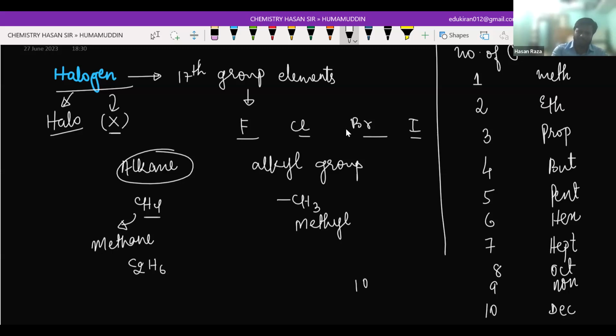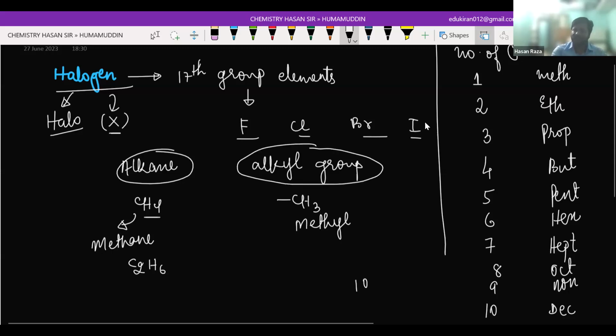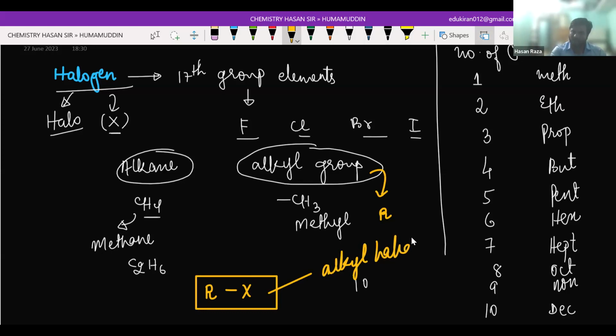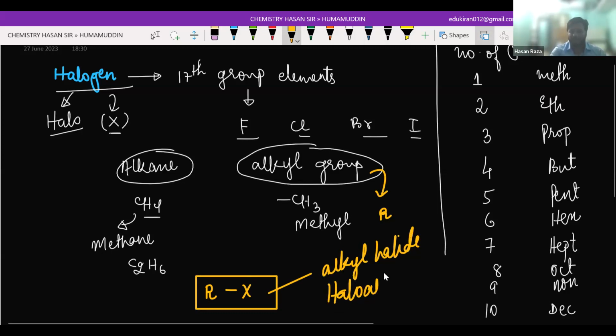Also this alkyl group has a representation, and generally we represent it with R. So if I write RX, this RX is alkyl halide, or we can say haloalkane.